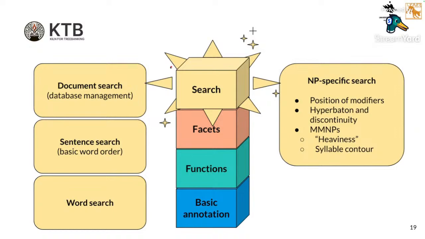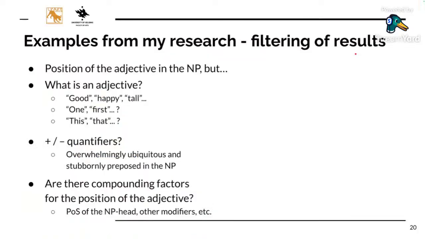So you have the database management search, the sentence search for the basic word order, then the standard word search, and the very, very niche NP, a noun phrase specific search that tells you things you want to know about the noun phrase. So very quick, more in-depth research questions from my work.